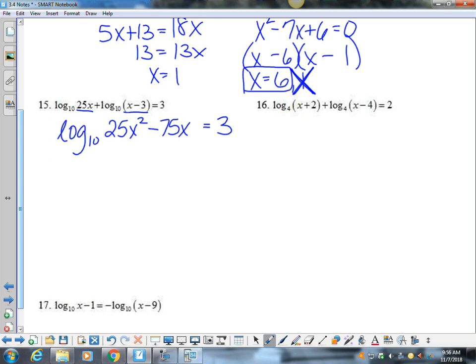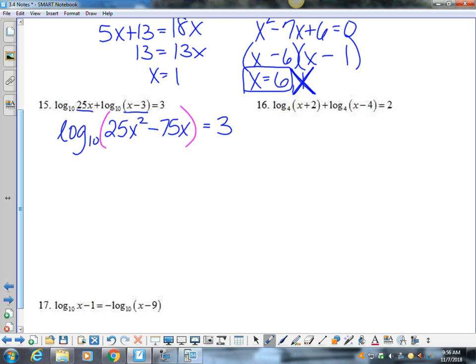Except I don't have time for y'all to keep thinking. If all of this is being of'd, right? The way that I have it written, this is log base 10 of 25x squared minus 75x. This has to be in parentheses because it's all being logged. Okay, now, I have a log.